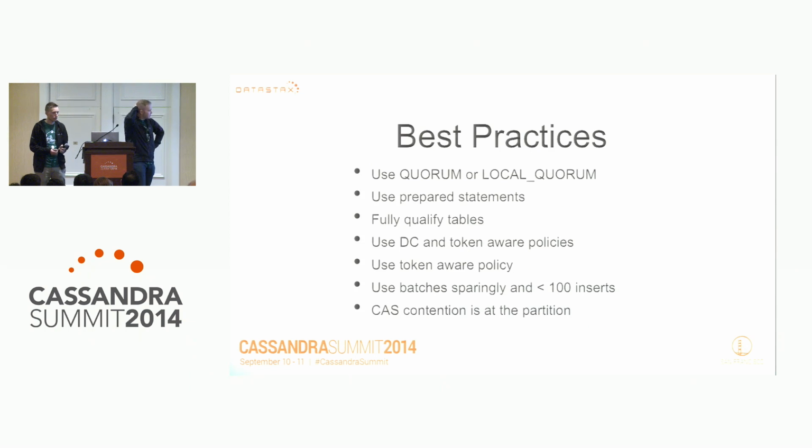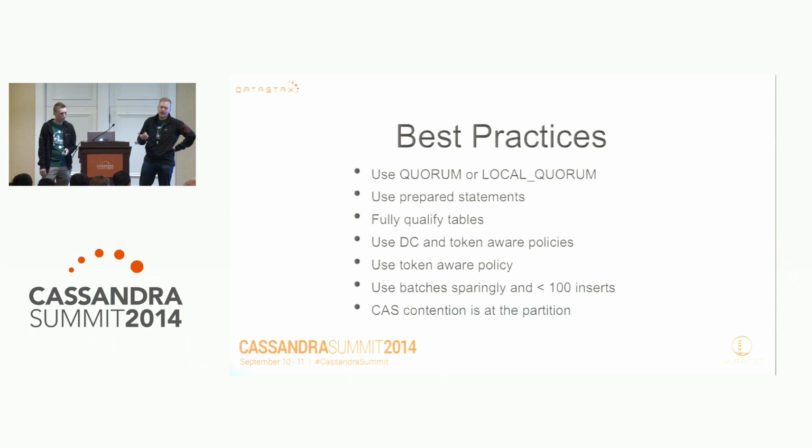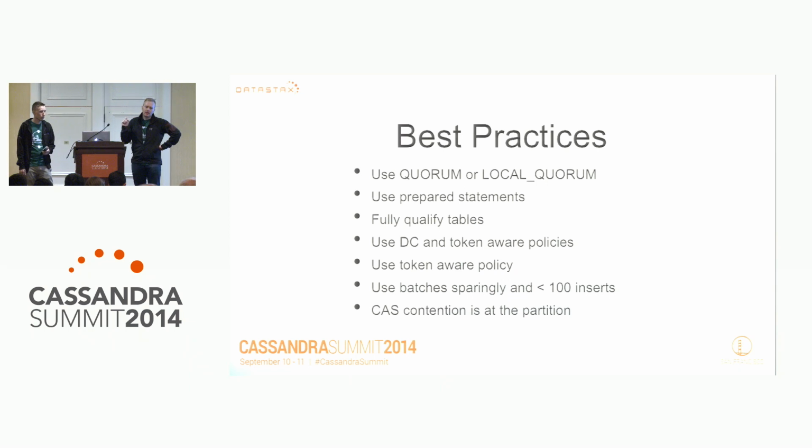So best practices include always use quorum or local quorum. In the Cassandra world, there's a consistency level specified with every read and write, right? There are a couple different levels. There's one, there's any, there's two. But the ones that really matter are quorum and local quorum.